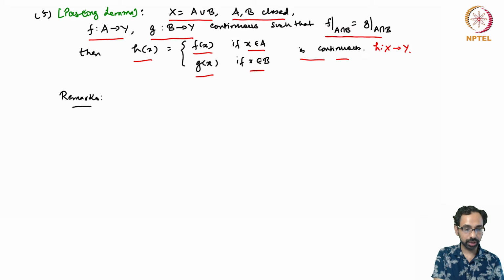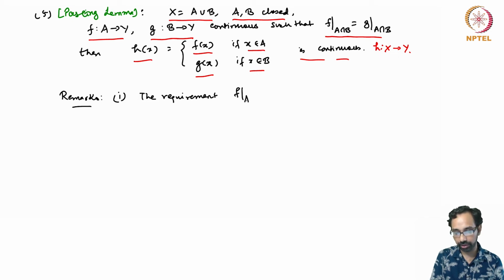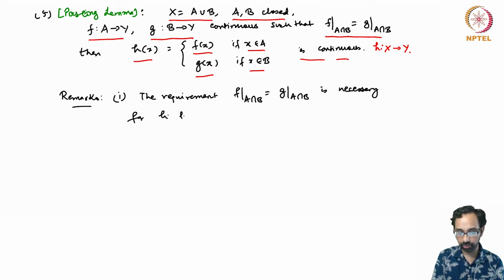So the first remark is that the requirement f restricted to A intersection B is equal to g restricted to A intersection B is necessary for h to be well defined.